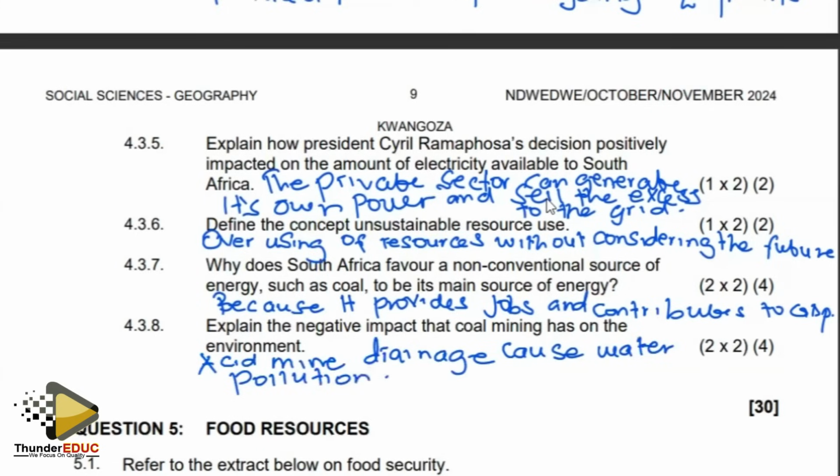Okay, you can talk about the biodiversity. Biodiversity is reduced.